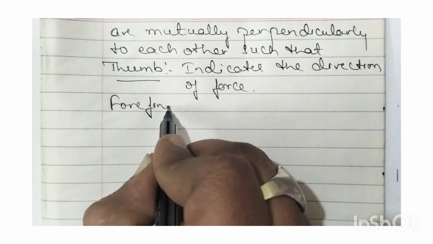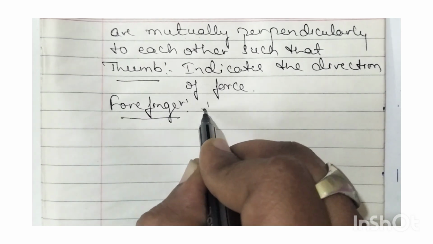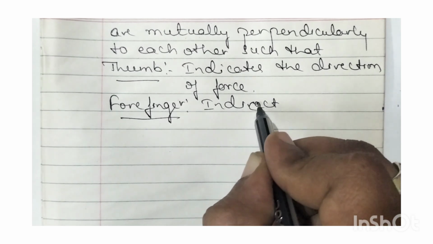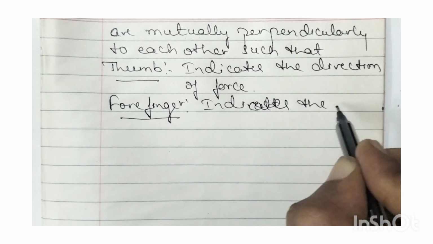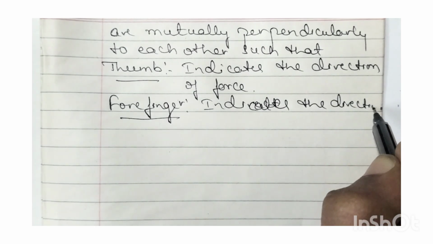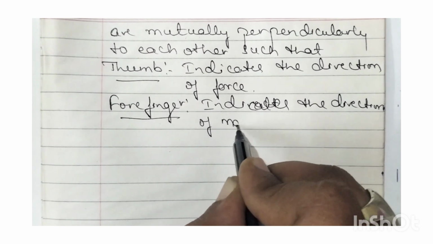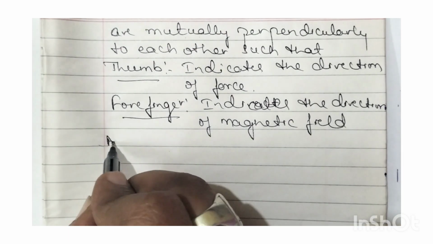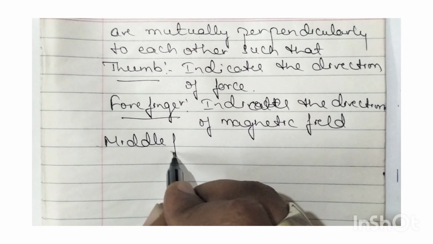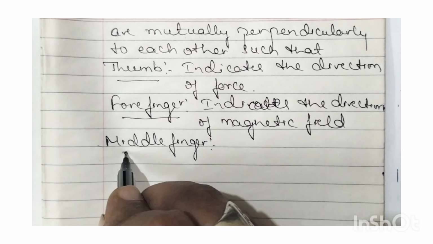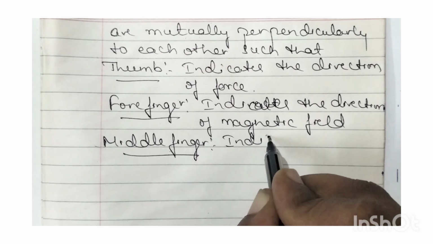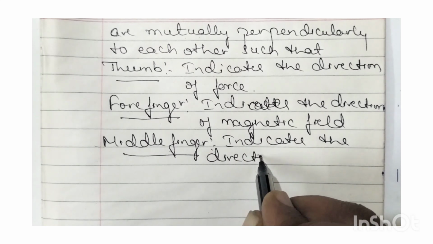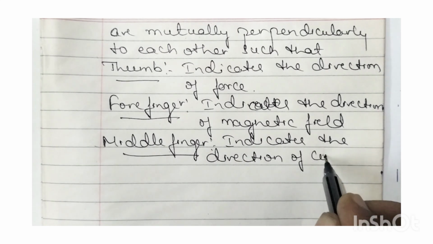Forefinger indicates the direction of magnetic field, and middle finger indicates the direction of current.